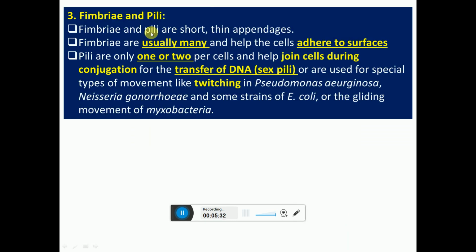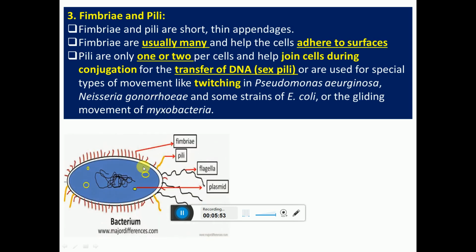Then fimbriae and pili. Fimbriae and pili are short appendages. Fimbriae are usually many, and the cells adhere to surfaces; that is their function. Pili are one or two, or up to four. They help join cells during conjugation.